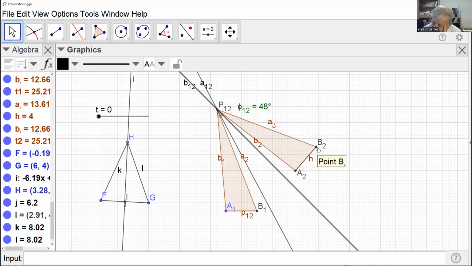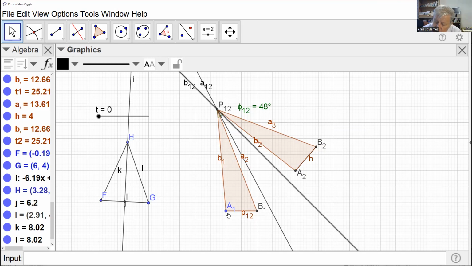Now what can you say about the angle B1P12B2? Can somebody tell me, please? Same as phi12. Yes.